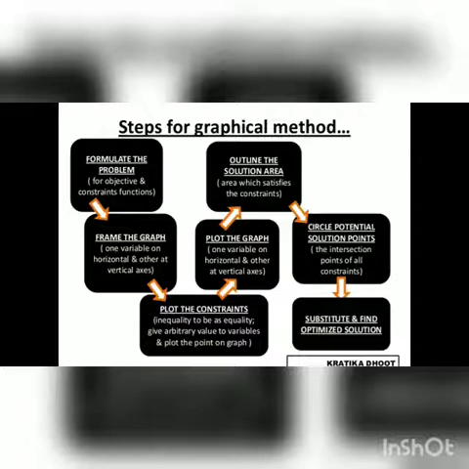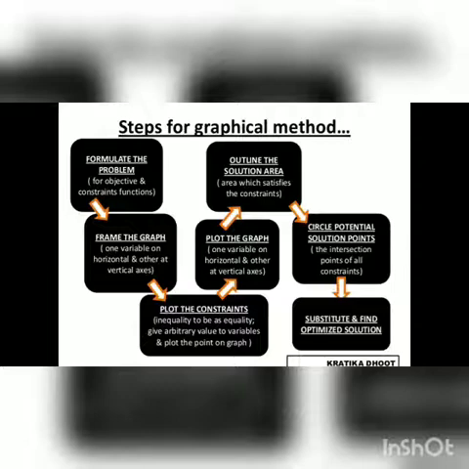The second step is to frame the graph. In this, we take one variable on the horizontal axis and the other on the vertical axis, so that we can frame the graph to find out the feasible solution. The next step is to plot the constraints.